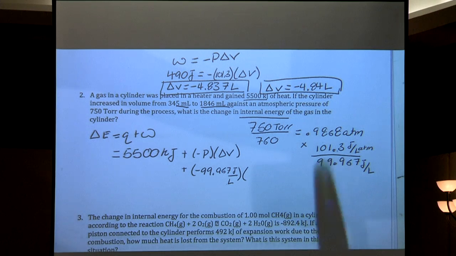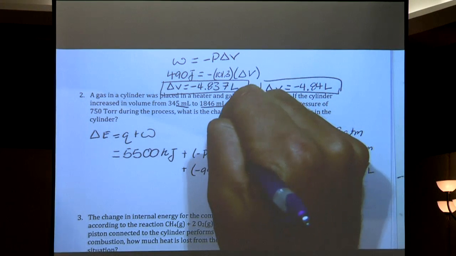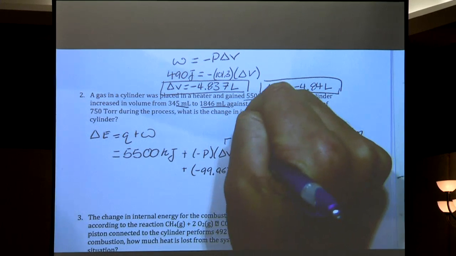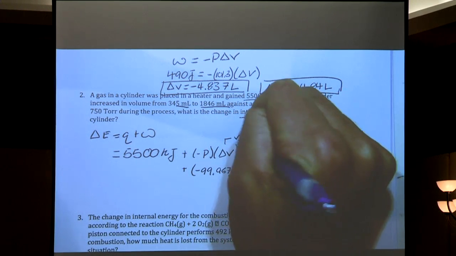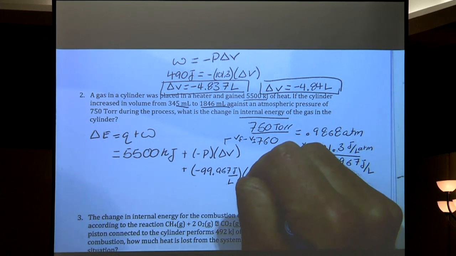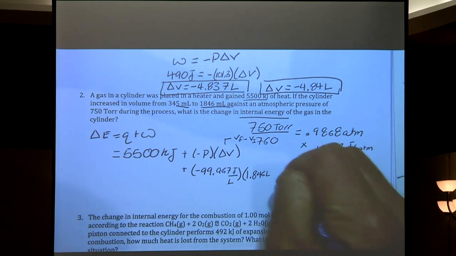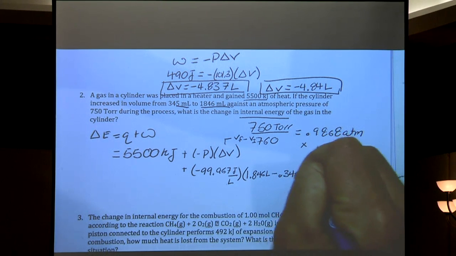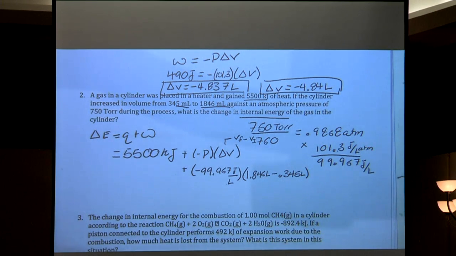VF minus VI, volume final minus volume initial. What's my final volume? 1.846 liters minus 0.345 liters. Okay, and let's go ahead and plug this in the calculator.